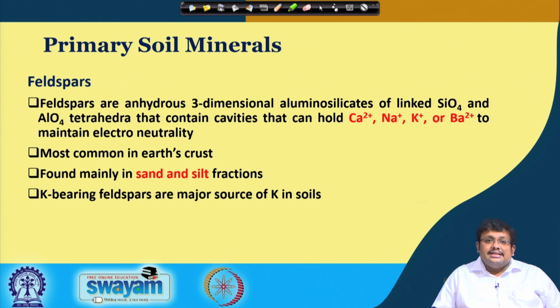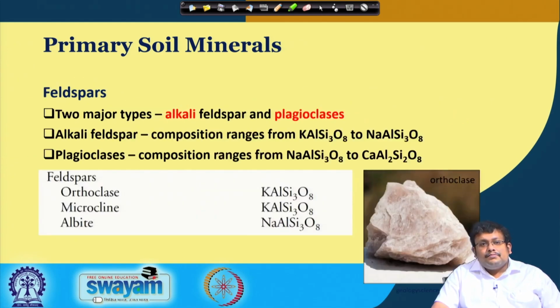Remember that feldspars are the most common primary minerals in the earth crust, and they are found mainly in sand and silt fractions, and they are non-reactive in nature, and the potassium bearing feldspars are the major source of potassium in soils.